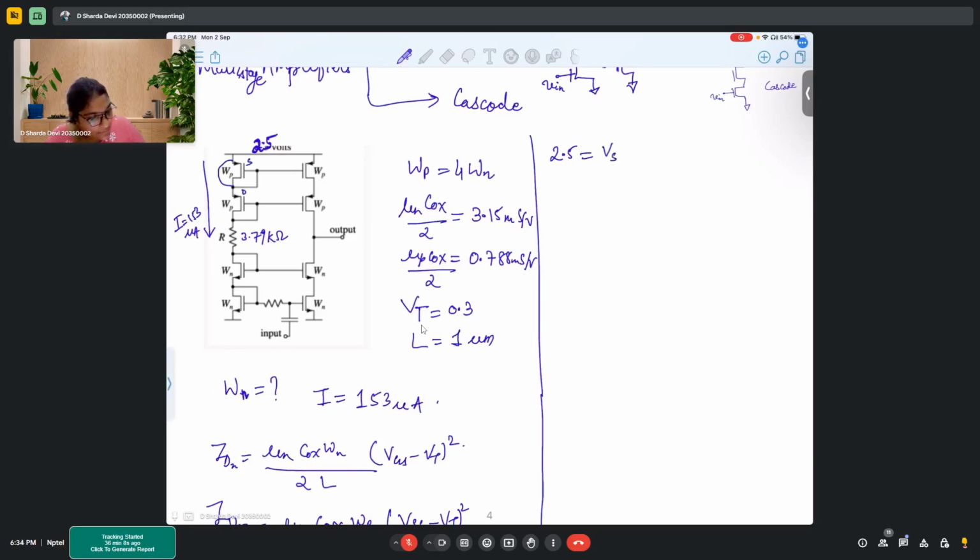So VSD1 plus VSD2 plus I into R plus VDS3 plus VDS4. Correct. Now, if we observe carefully, the VDS and VGS are equal since gate and drain are shorted.